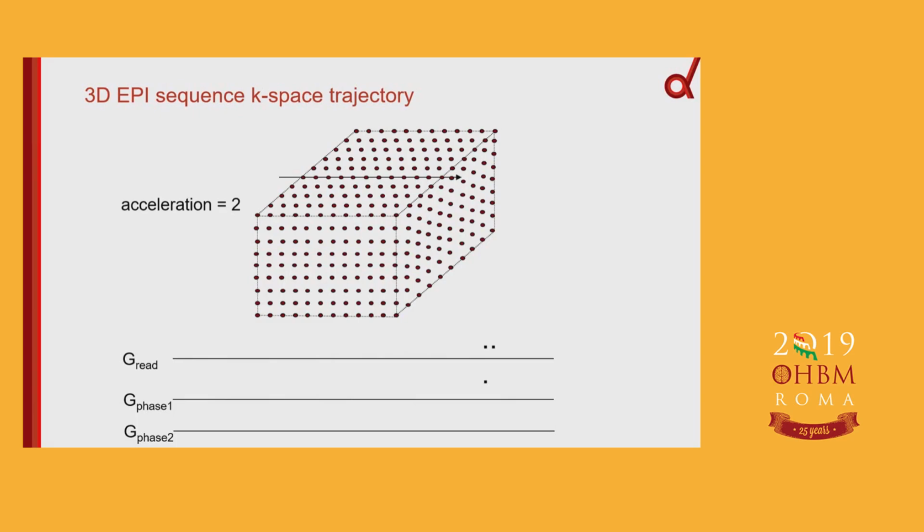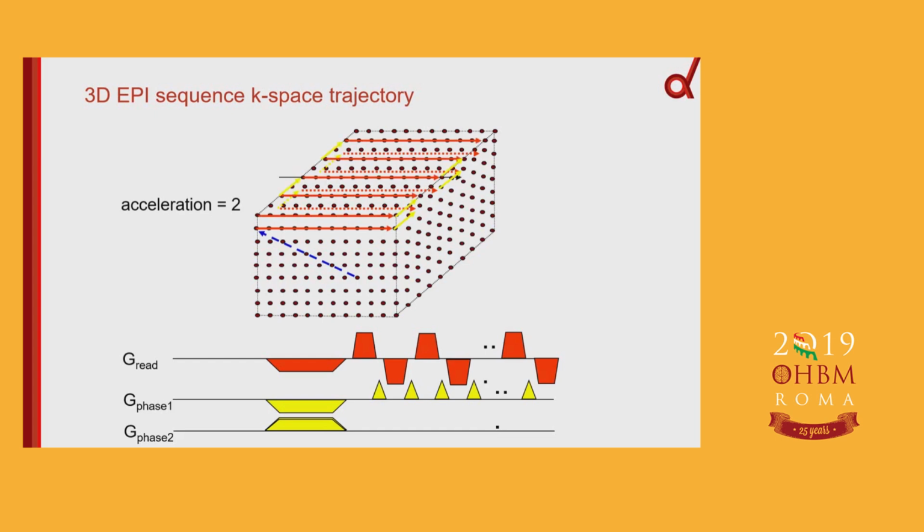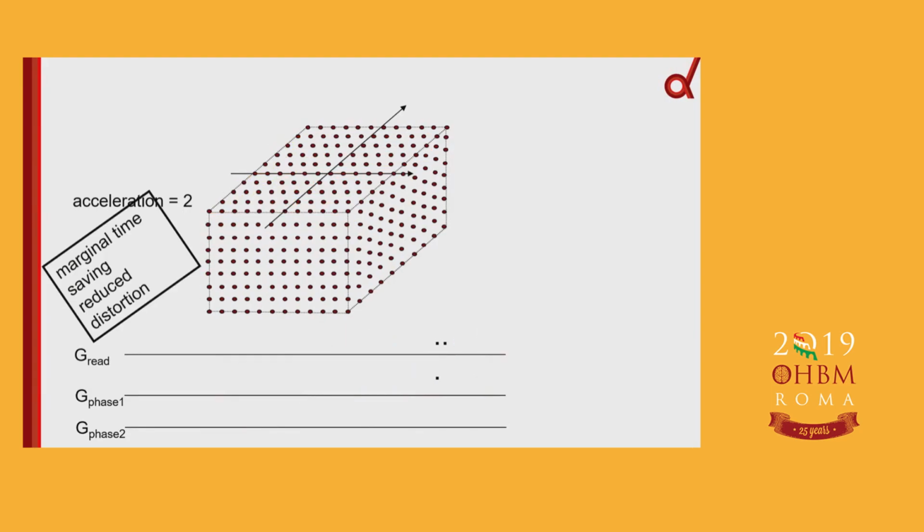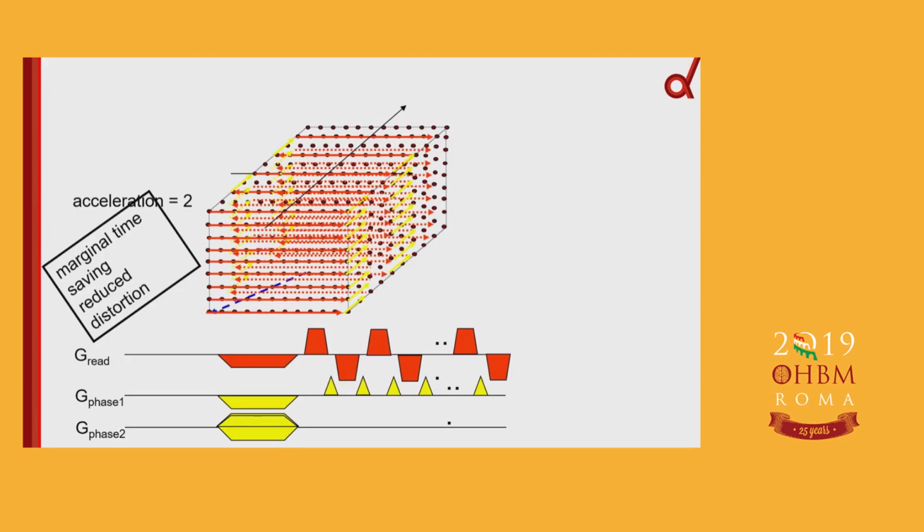So, basically, why not do 3D EPI? And essentially, accelerate and read out a plane every time you excite. You can jump lines there, and that will give you some time saving. If we go to essentially leaving out every second phase encode line when we're going through this 3D k-space volume.